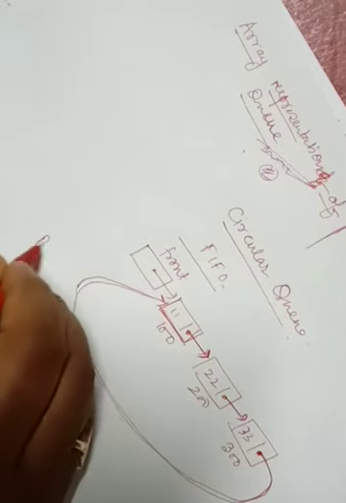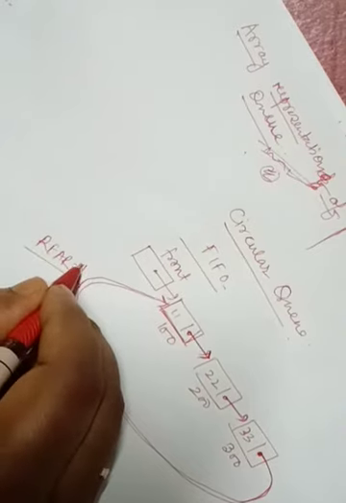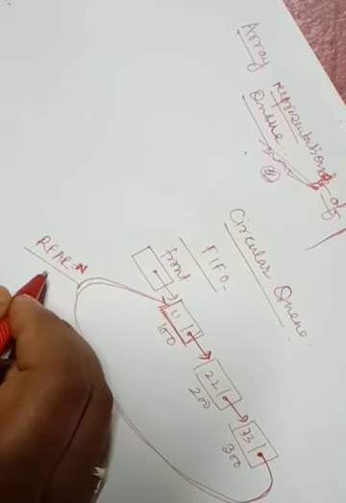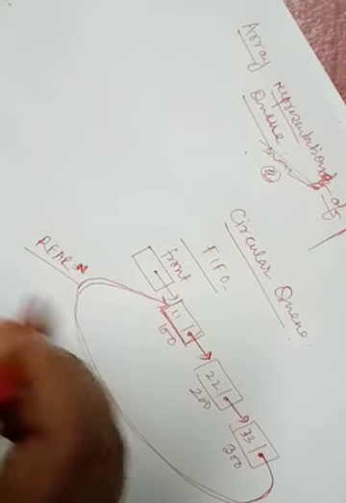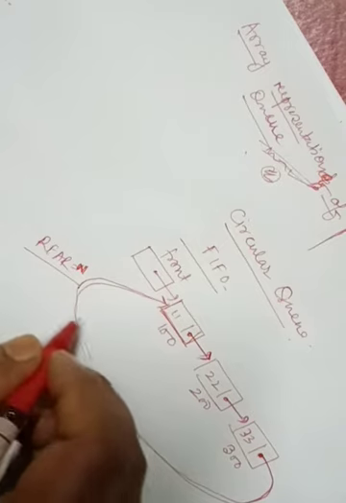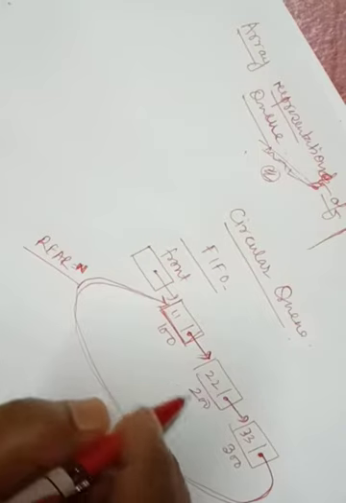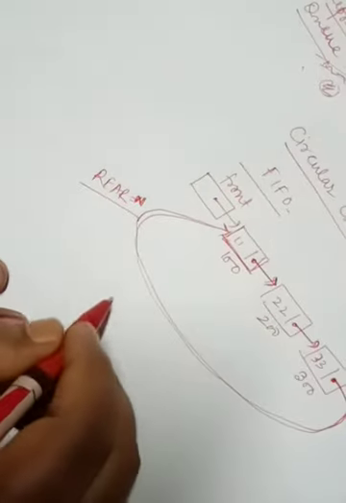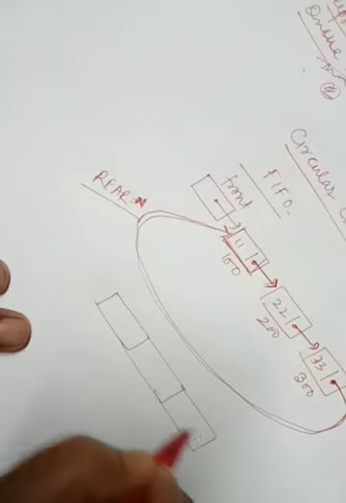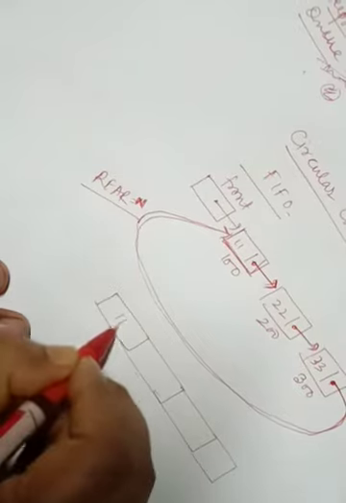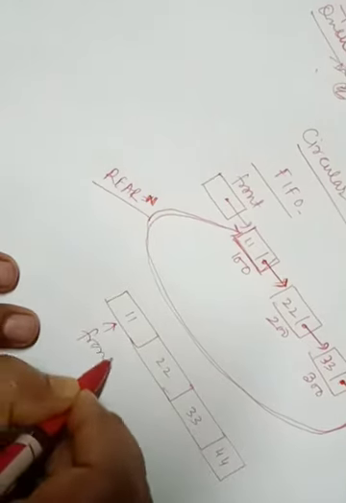For example, if rear equals n, that is, if rear goes to the maximum position, then we cannot insert any further item into the queue. But one way to do this is simply to move the entire queue to the beginning of the list. Suppose you consider the array representation of the queue: 11, 22, 33, 44. So this is the front, this is the rear.